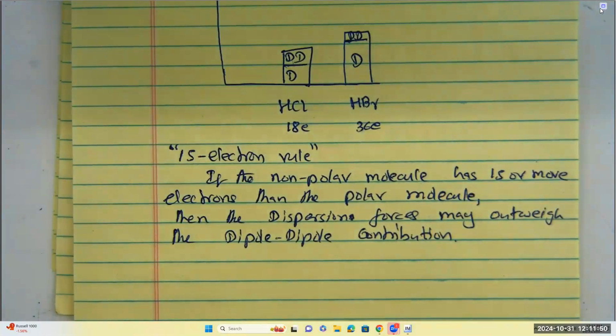This is a fake rule, but it helps us sometimes when we have to predict or explain the relative melting points or boiling points. I just want to mention that because there have been instances where this has been useful.